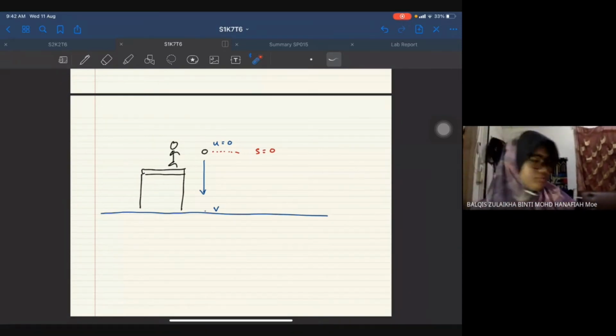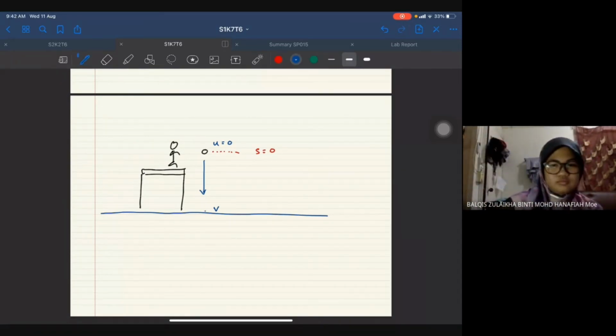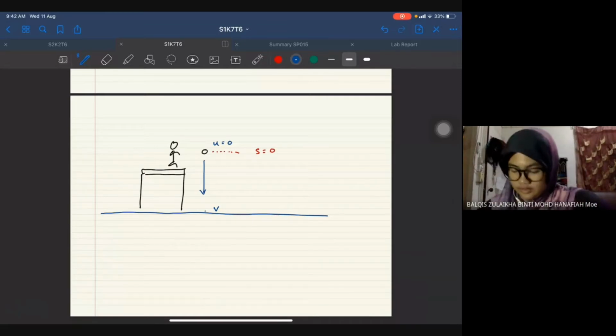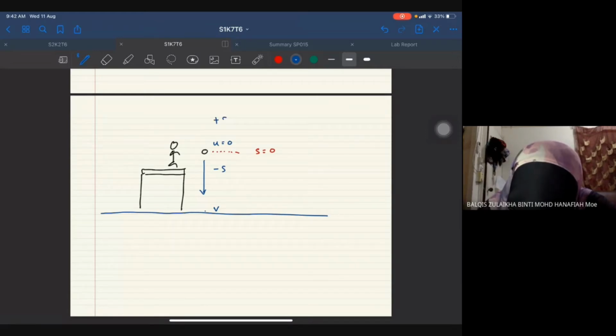Okay, displacement: everything below the starting point down here is negative S. Anything above here is positive S. It depends on where the starting point is. Anything above is positive, anything below is negative. For free fall, you discuss everything below. Normally the S will be negative.